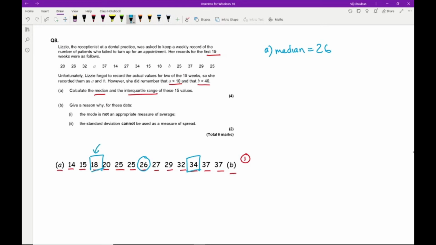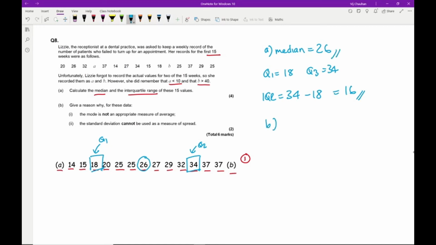So this here is my Q1, this is my Q2, and you can see without using a calculator, without faffing about through the menus, I've got those values straight away. So Q1 is 18, Q3 is 34, so the IQR is 34 minus 18, and if I simply work that out and double check, we get an answer of 16, and there are my 2 answers that they've requested.